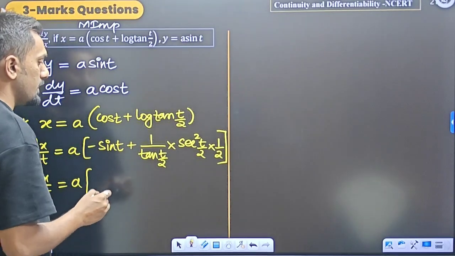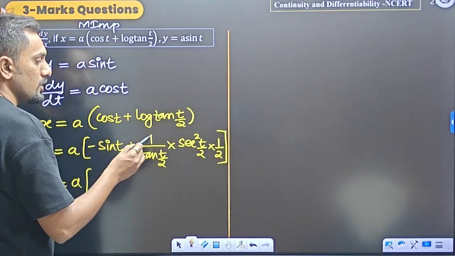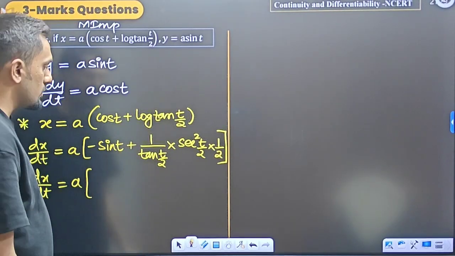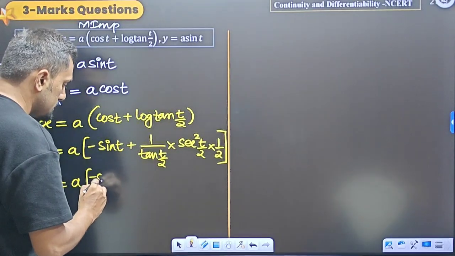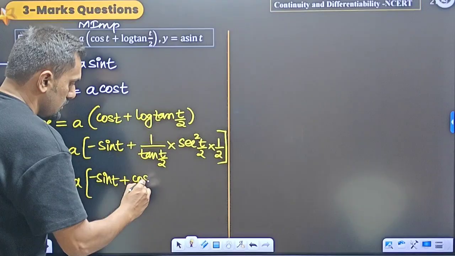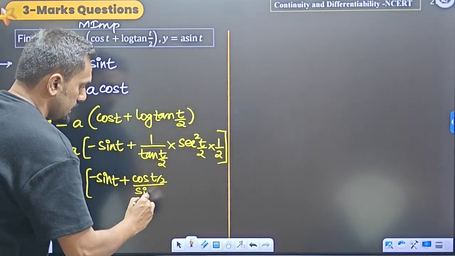a into minus sin t. This can be written as cos t by 2 divided by sin t by 2, plus cos t by 2 divided by sin t by 2.